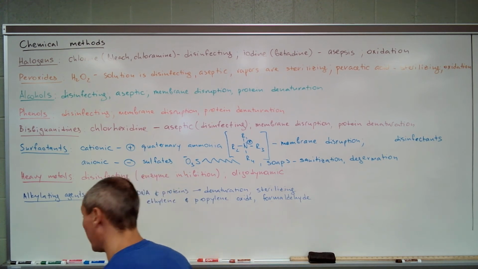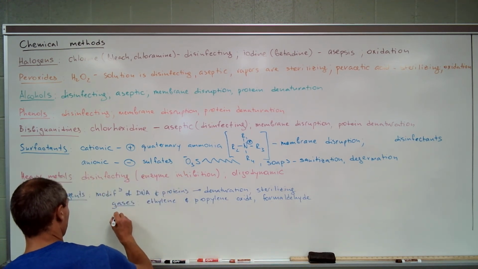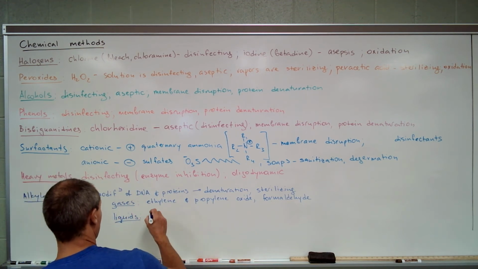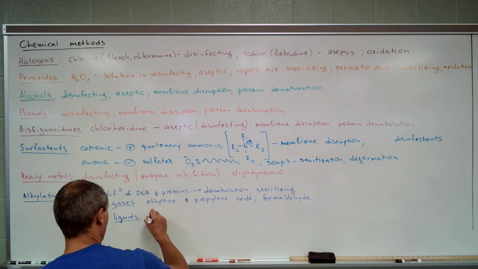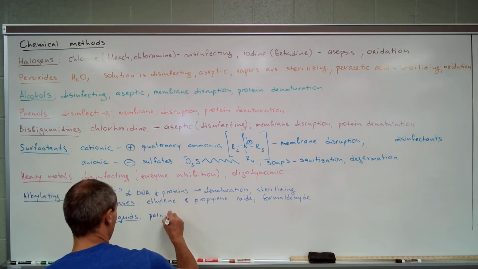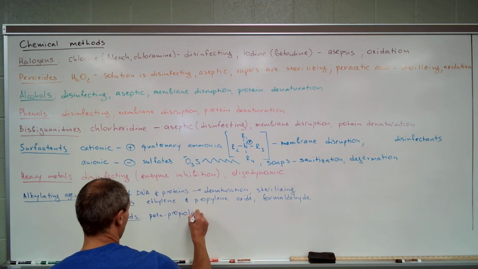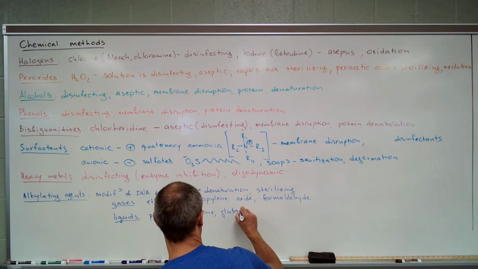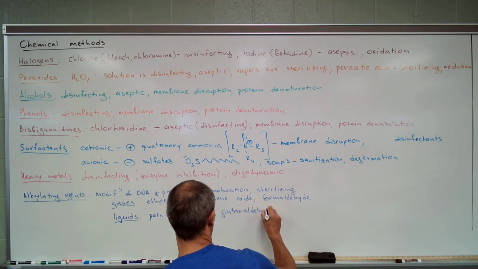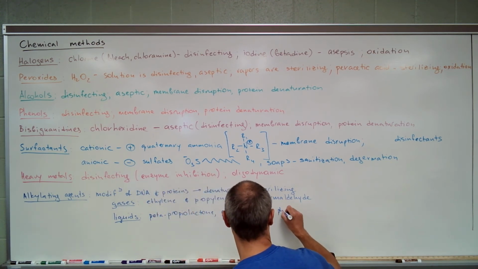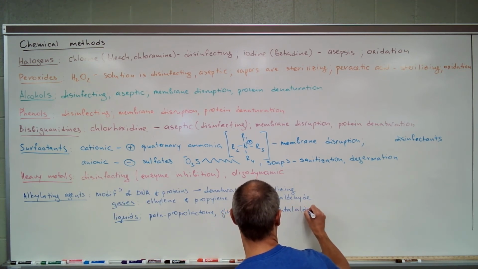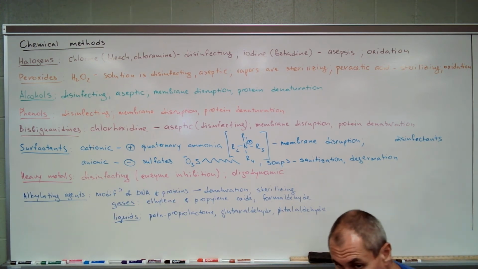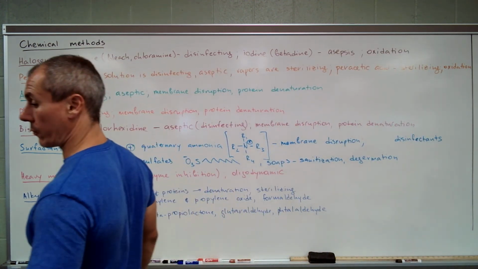Now, there are liquid agents. So this is going to be beta-propionolactone, glutaraldehyde and phthalaldehyde. Now, these are usually used to preserve biological specimens from rotting.